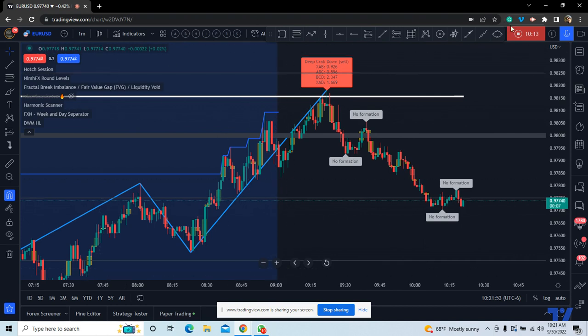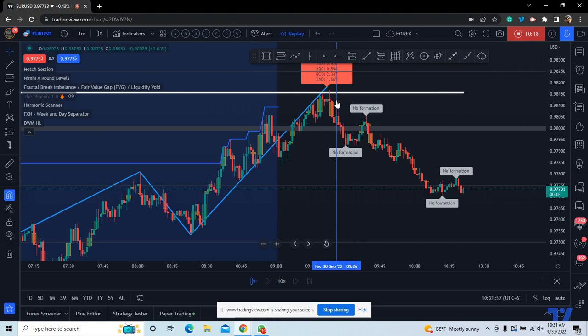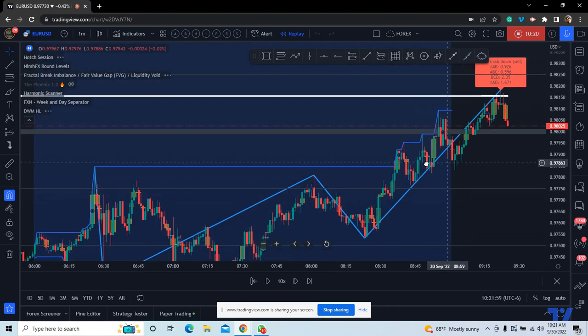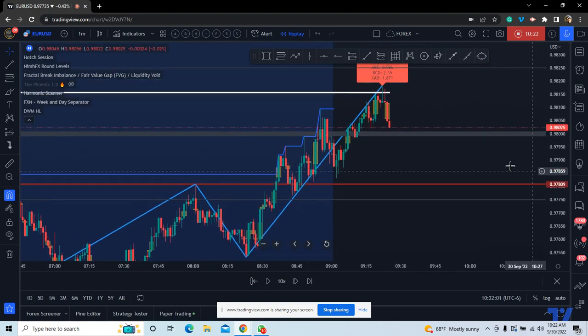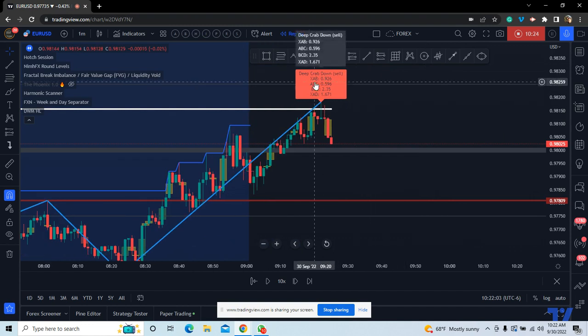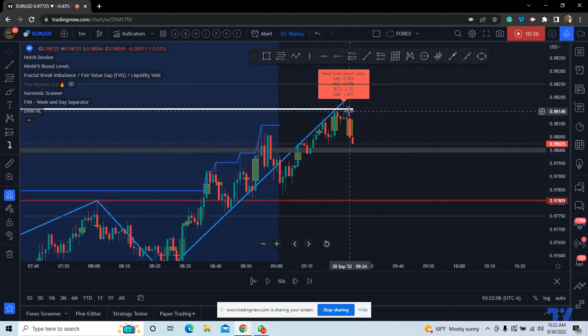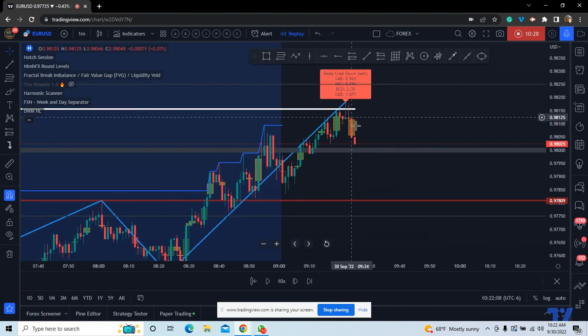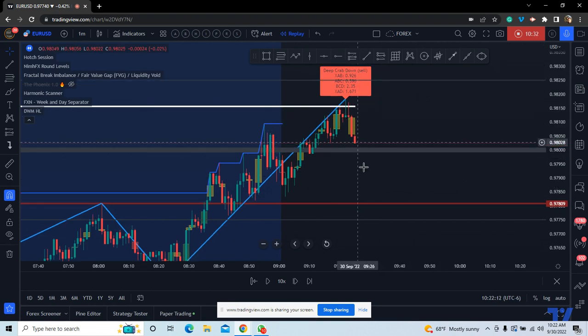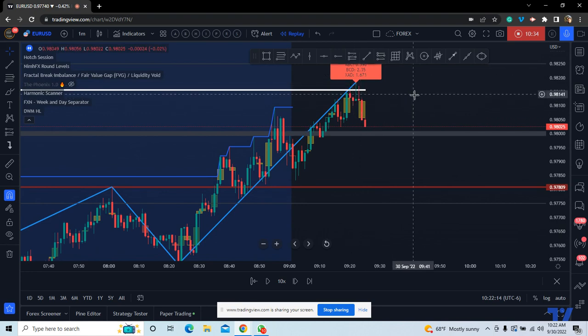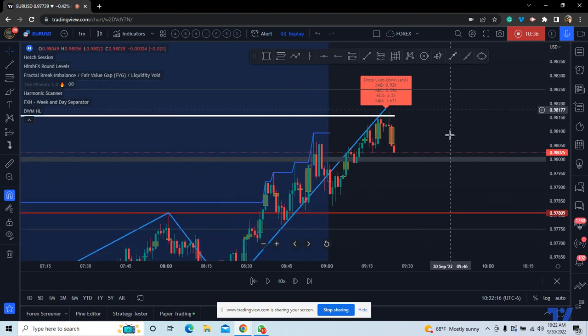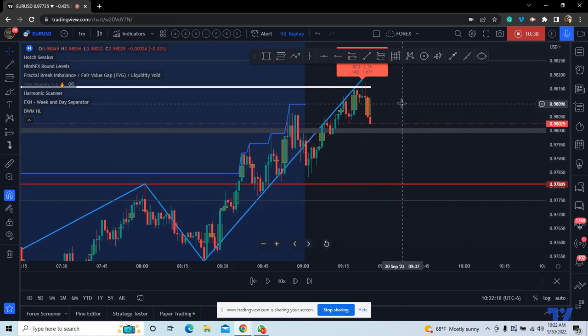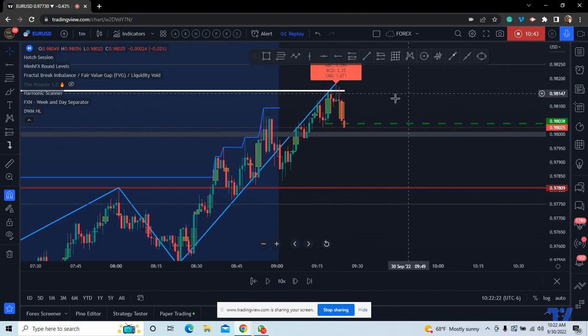So let's take a replay on that. So, had you been looking for the short, so if you said, right, well, that's my M formation, I'm above the round number, I'm heading lower, and you're targeting a break of that structure, right?